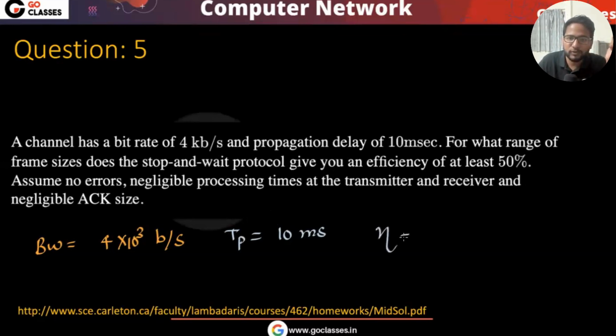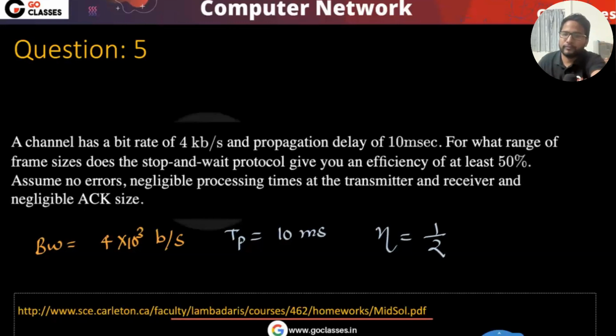So the efficiency given to you is 1 by 2 and the propagation delay is given, but the length is not given. Can you solve this question? What will be the answer here? The length is not given and they're asking for the length only.